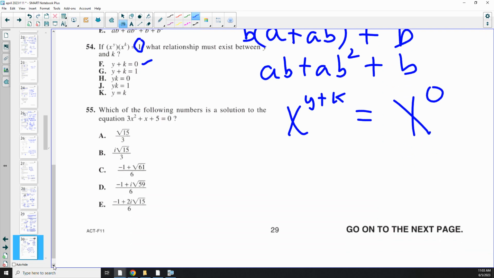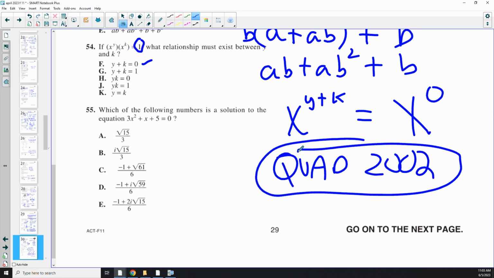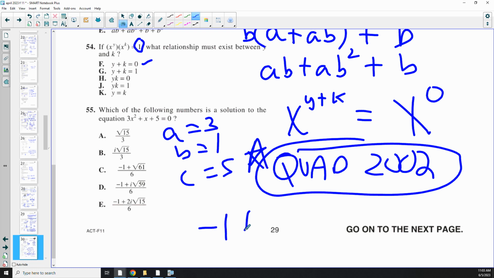Alright, my awesome Quad 2002 solves any quadratic, and that's a program. Love it. If you're doing it by hand, A would be 3, B would be 1, and C would be 5. So we would get negative B plus or minus the square root over 2A.